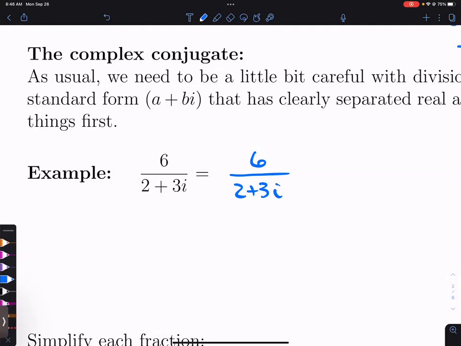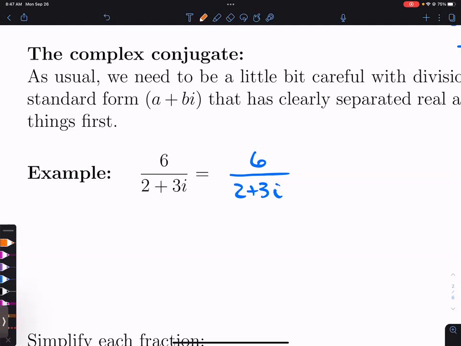So what we do is rewrite this so that we move the complex part, the part that has an i in it, out of the denominator up to the numerator. I figure out an equivalent version where the i is not in the bottom, but only shows up in the top.